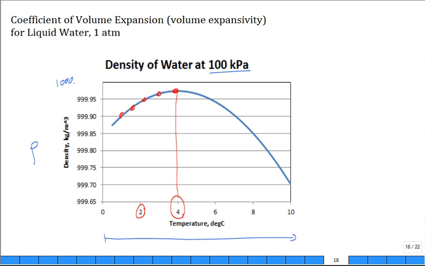Maybe I should have plotted the specific volume as a function of temperature, and then it does this. So that at 4C, it's the lowest volume, and if you get it colder, it expands. You get it warmer, it expands. All right. So think about this. What is beta, the volume expansivity, of liquid water at 4 degrees C? Right there.